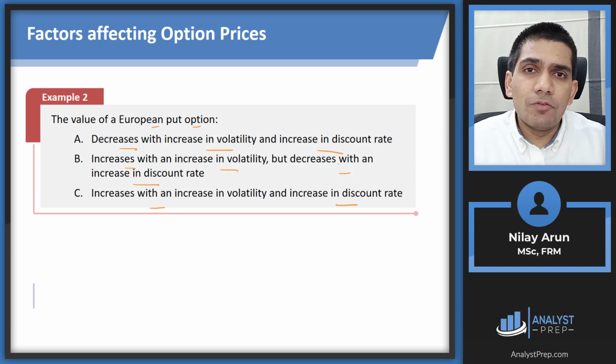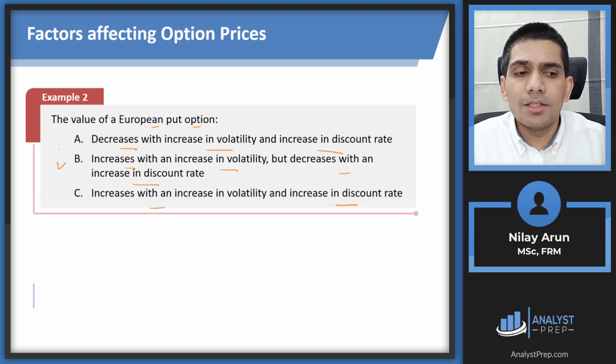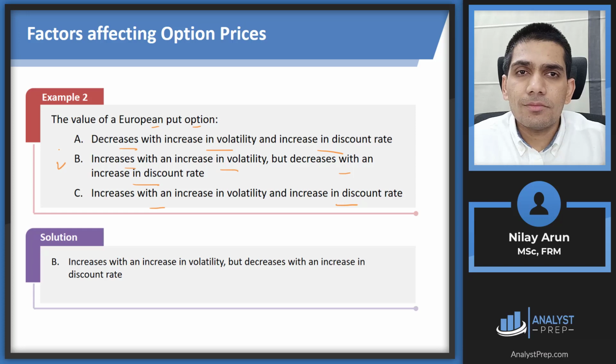The money that we could have received right now is being received after, let's say, 3 months. So it's going to have a negative relationship, not a positive relationship. So the correct answer will be that it increases with an increase in volatility, but decreases with an increase in discount rate. So the answer is B. So these were the 6 factors affecting the option prices.